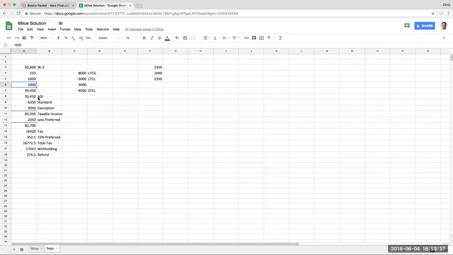Now, that makes her AGI here. I have that number duplicated, but there's her AGI. So these qualified dividends and these capital gains go into the calculation of AGI, which is kind of important because remember, some things depend on our AGI. A couple of the easier ones, I'll give you two.